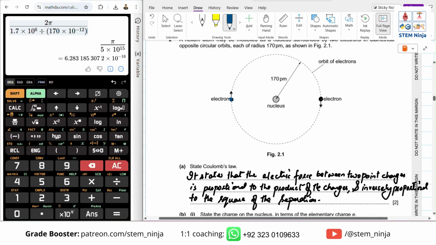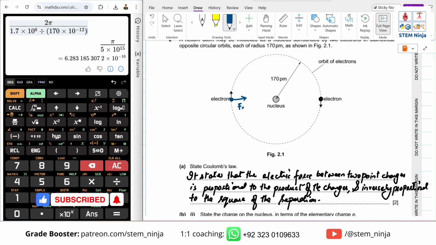The force due to the nucleus on the electron is this way, right? And the force on the electron due to the nucleus is Fe. However, due to this other electron, let's call it E2, since they're similarly charged, it's going to repel. So this is the Fe2, you could say.